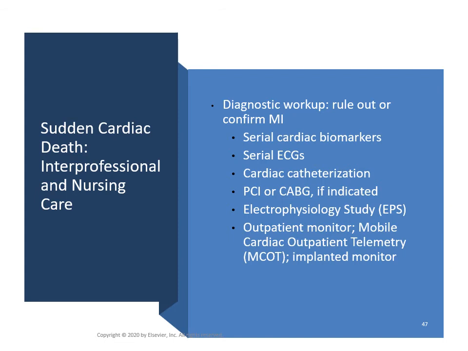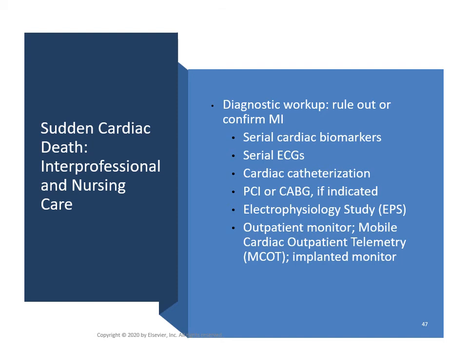People who survive an SCD event need a diagnostic workup to determine whether or not they've had an acute MI. Serial analysis of cardiac biomarkers and EKGs are done to rule out acute coronary syndrome. Because some people with sudden cardiac death have undiagnosed coronary artery disease, cardiac catheterization is done to identify if significant coronary artery disease was the cause of the SCD event.